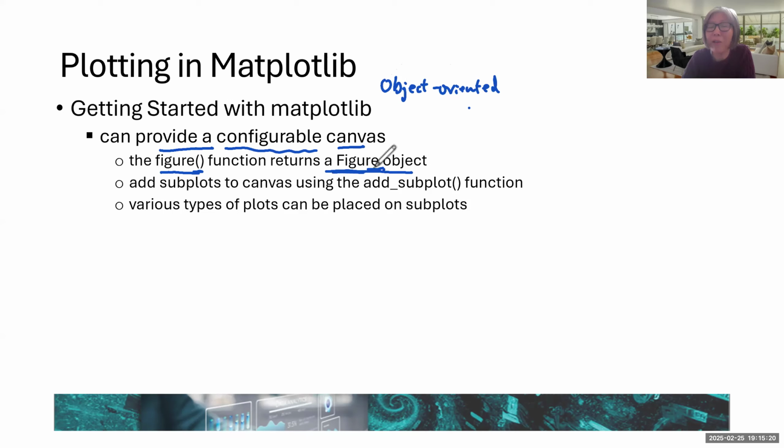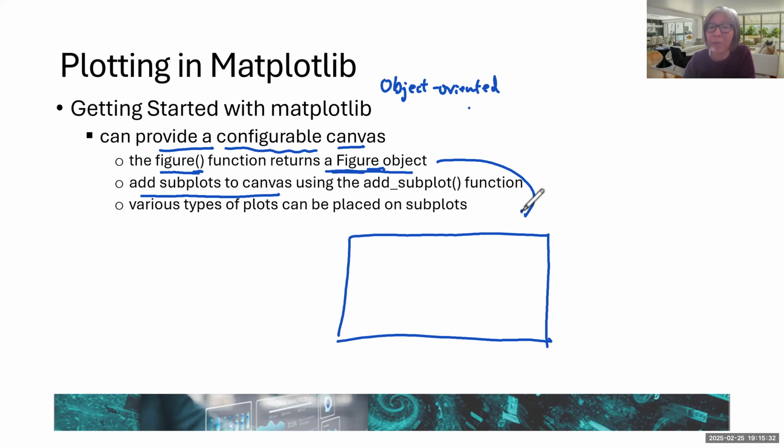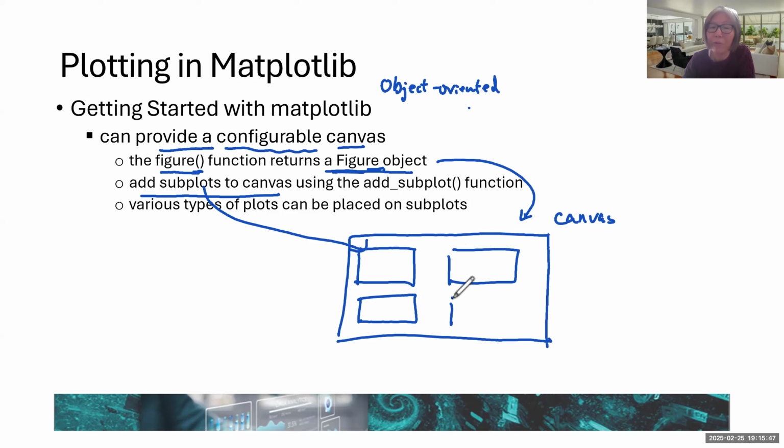Because it has a figure object, you can add subplots to the canvas. This figure is a canvas, and on this canvas you can add subplots using the add subplot method.